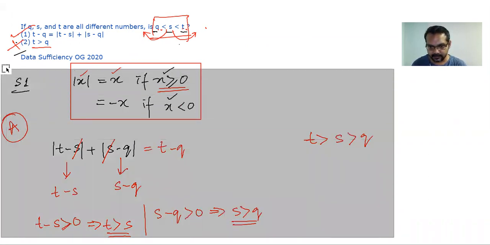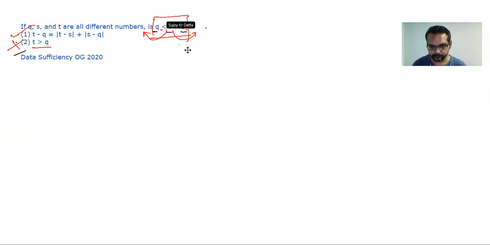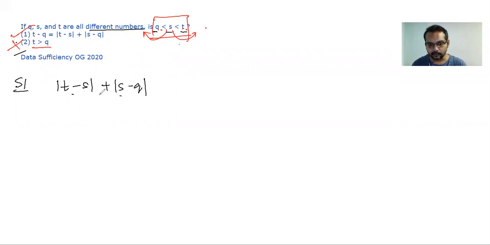Now let's look at a second method of doing this. So look at statement 1 again. We are saying the sum of these two modulus values. And note that they are all different numbers, so these are not 0. So two positive quantities is equal to this third quantity here.